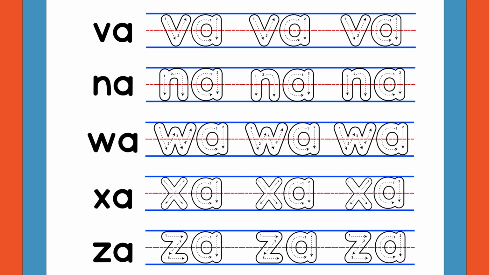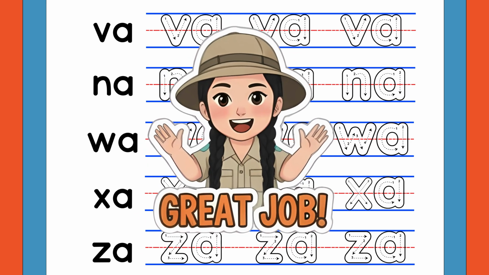Va, va, va, va. Na, na, na, na. Wa, wa, wa, wa. Sa, sa, sa, sa. Za, za, za, za. Great job!